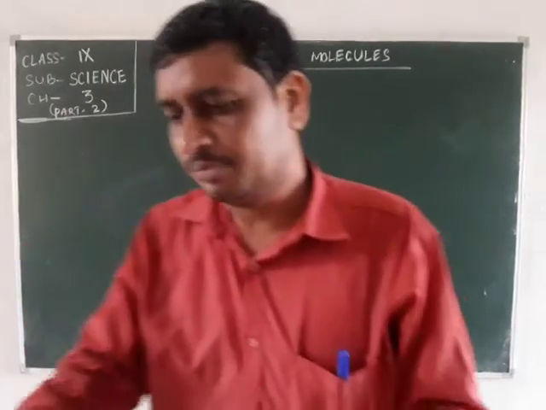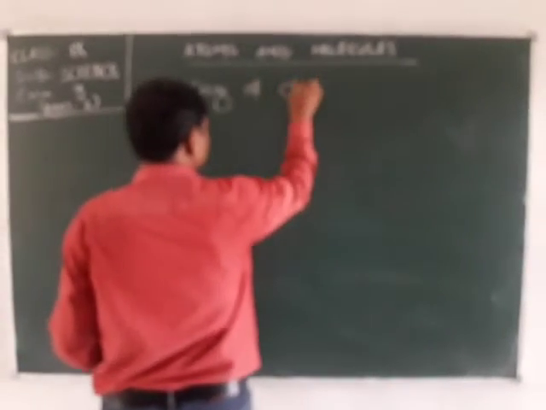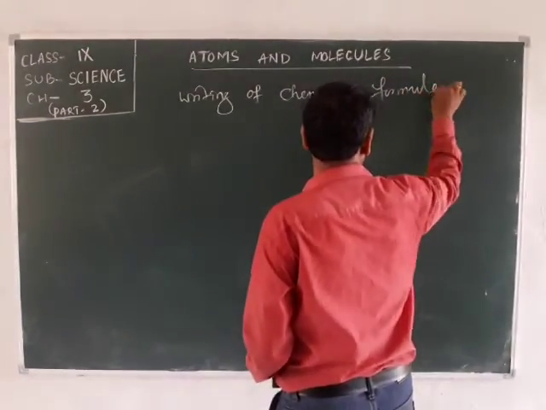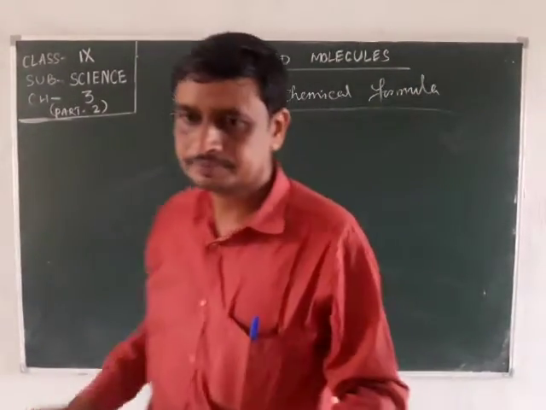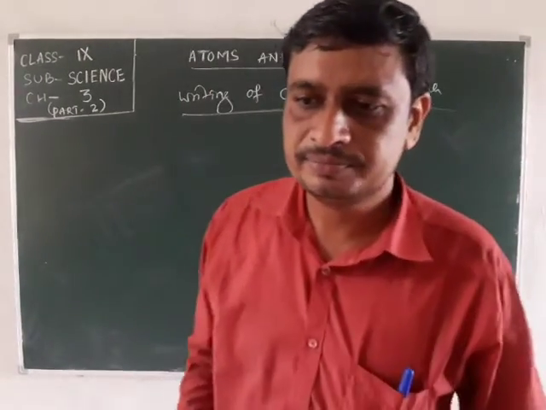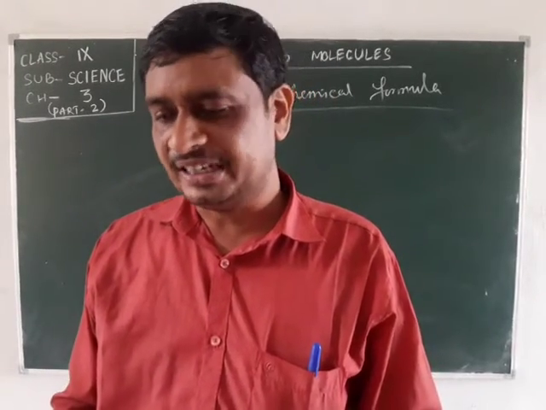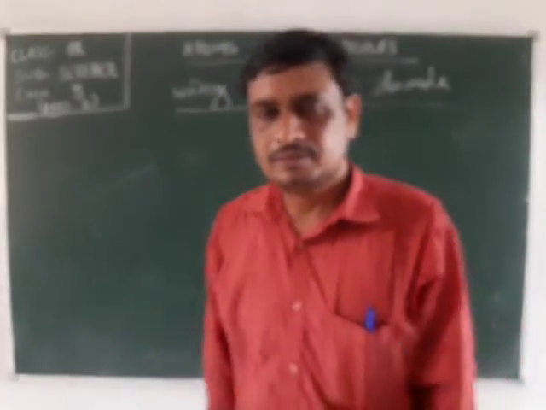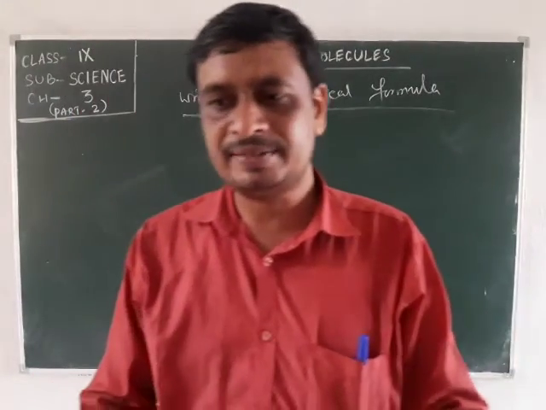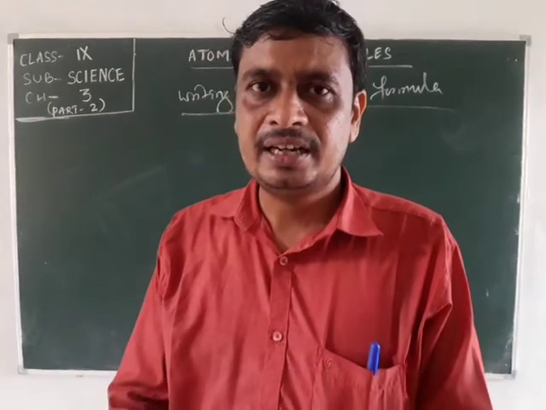How to write a chemical formula? A chemical formula is a symbolic representation of a compound's composition. When we write the chemical formula of any compound, it represents the composition of its constituents.